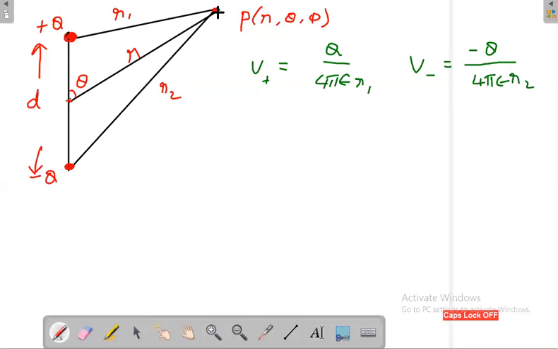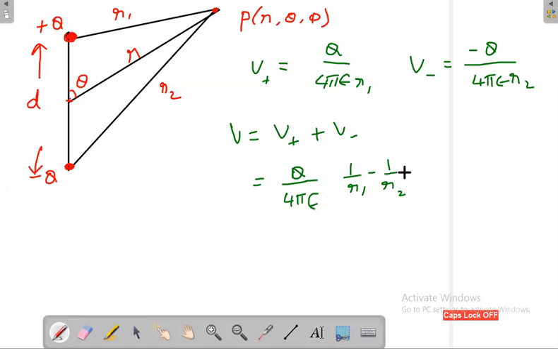Now it's very simple. I know the potential due to the plus charge and the potential due to the minus charge. If you add both, you get the effective potential at a point P. The potential at point P is V plus plus V minus, which equals q divided by 4 pi epsilon times (1 divided by r1 minus 1 divided by r2).